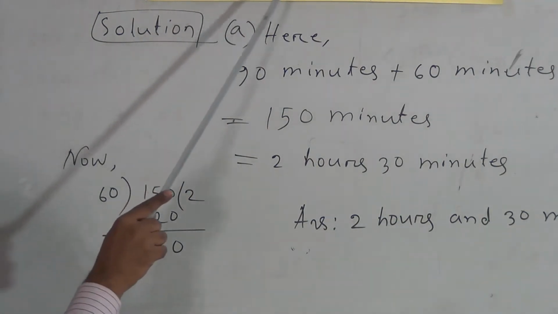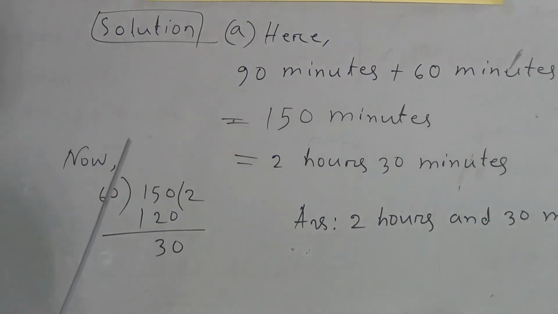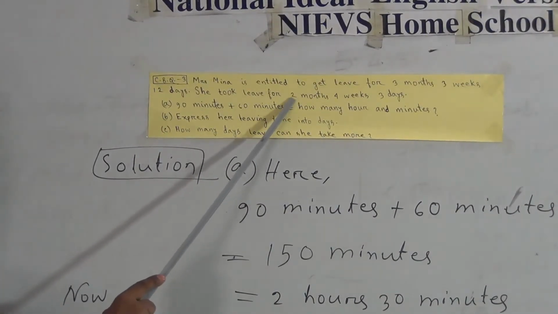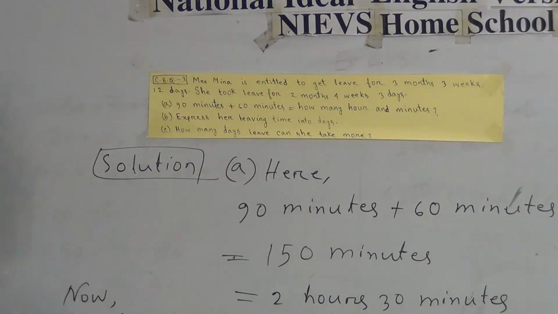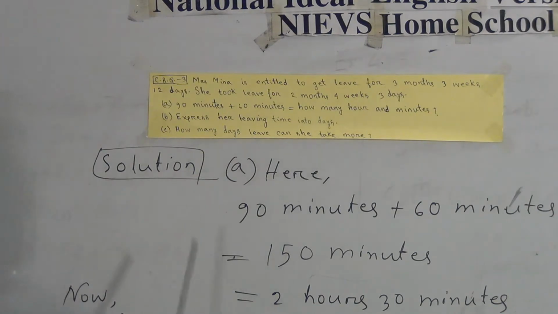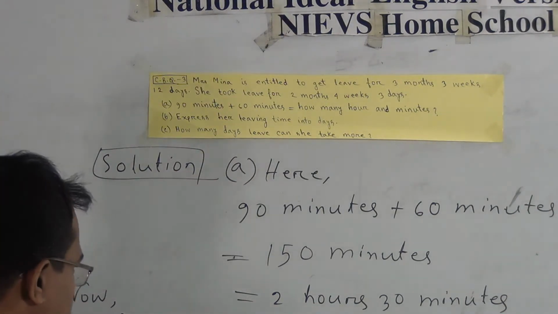Express the leaving time into days. Here the leaving time is 2 months, 4 weeks, 3 days. We have to convert these 2 months, 4 weeks, 3 days to days.